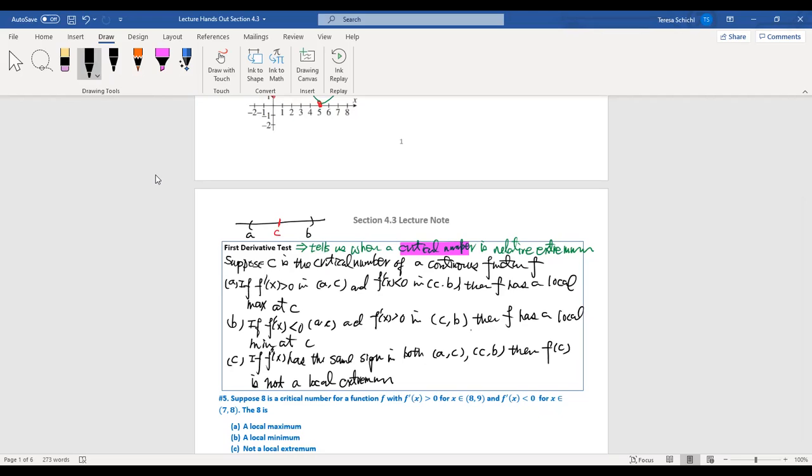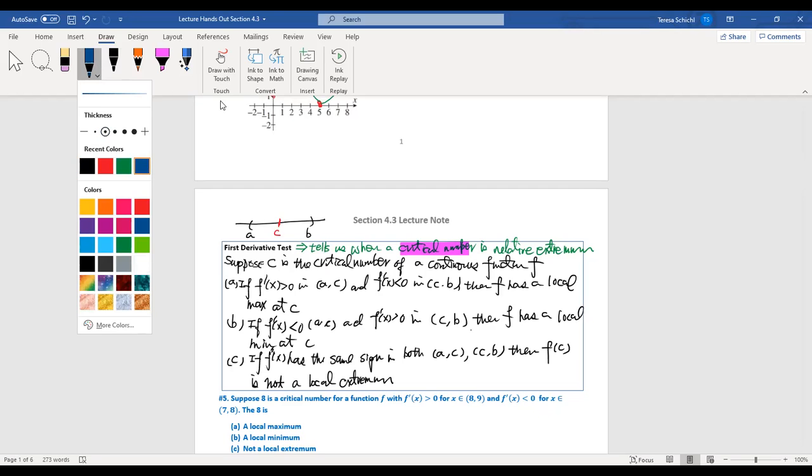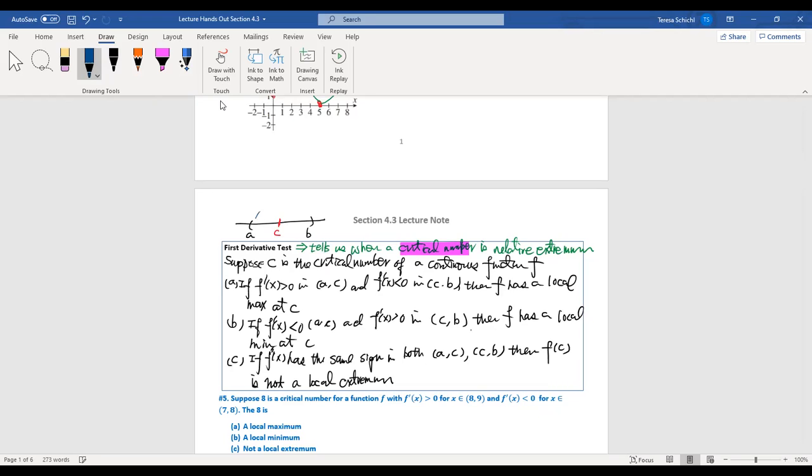If f prime of x is greater than 0, that means it is increasing, from A to C. Then after that, f prime of x starts decreasing here.